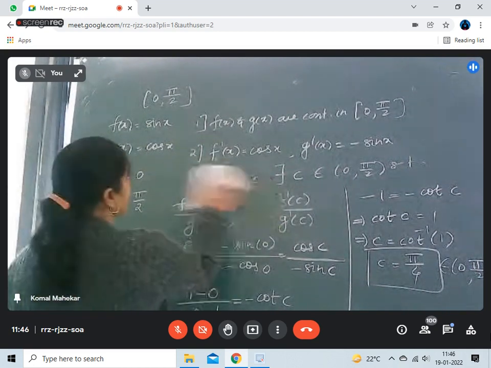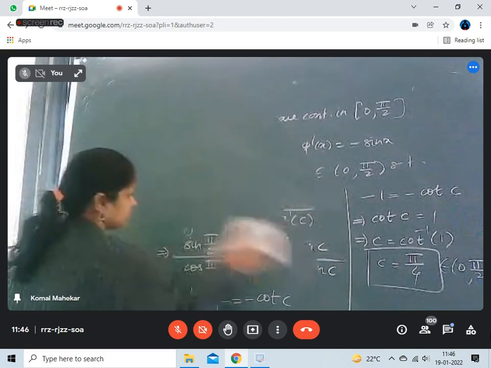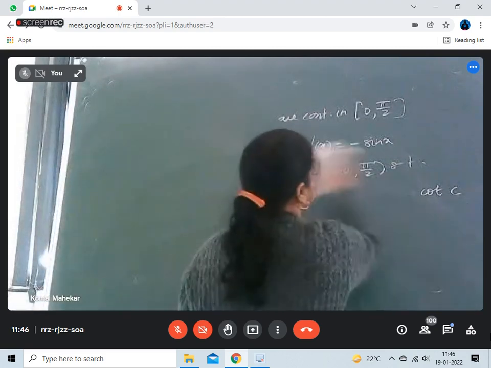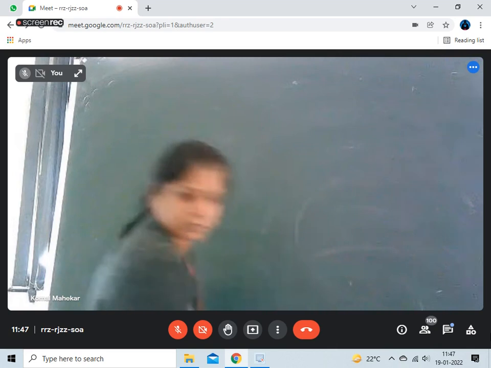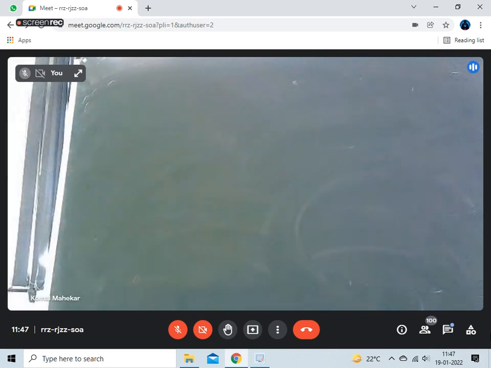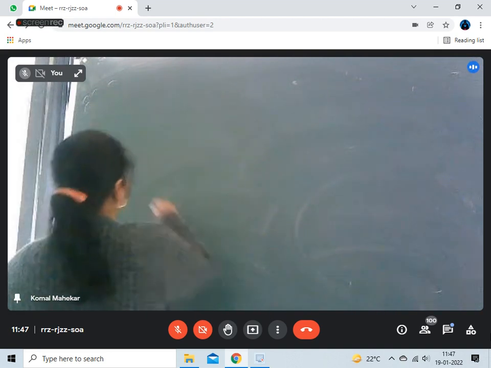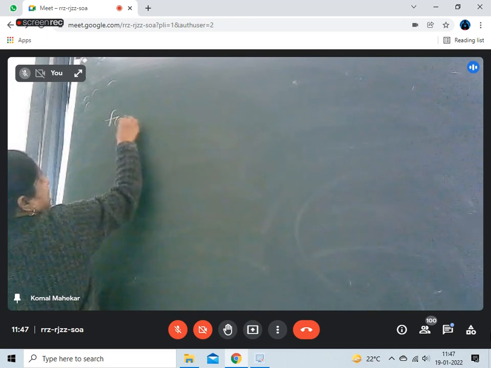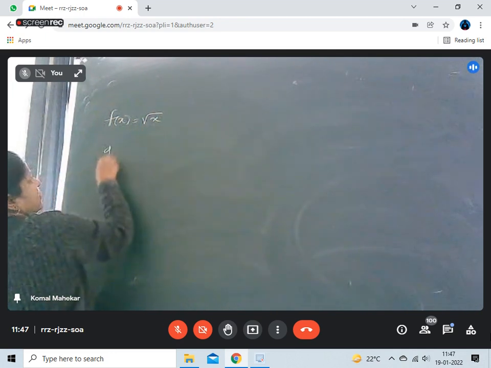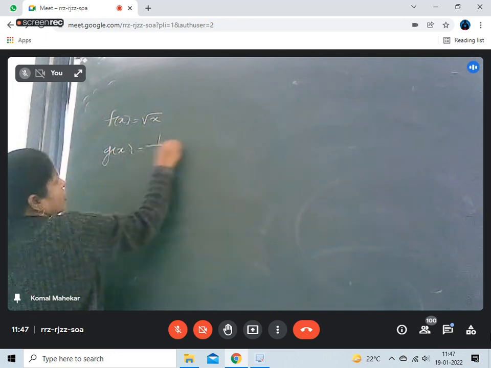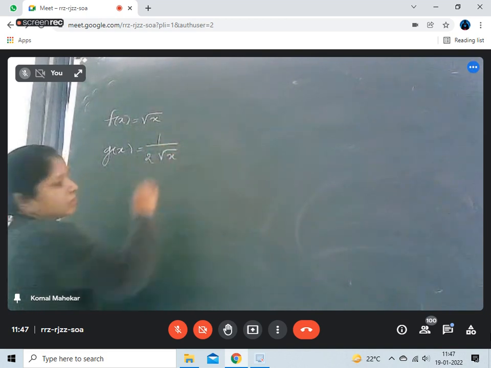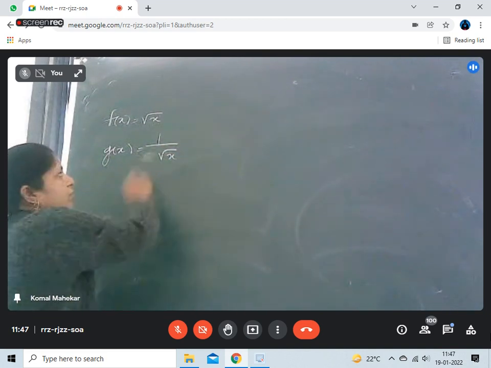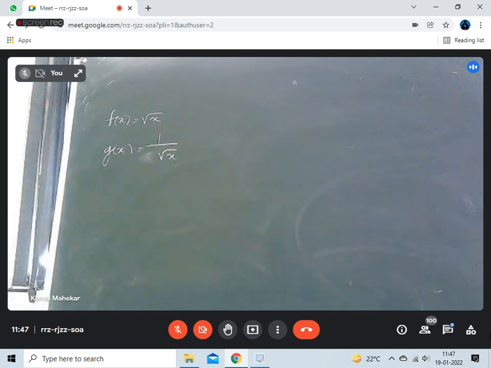Now the second problem. Consider first function f(x) as root x and second function g(x) as 1 upon root x.